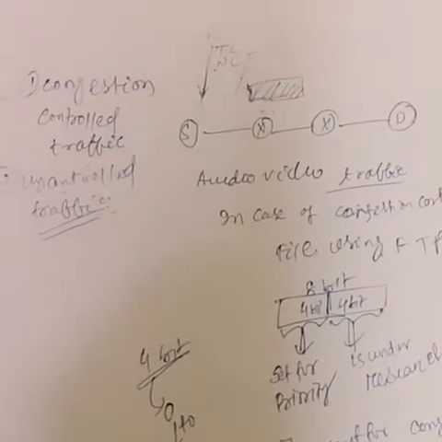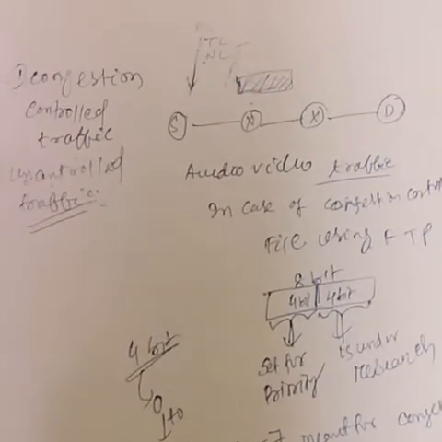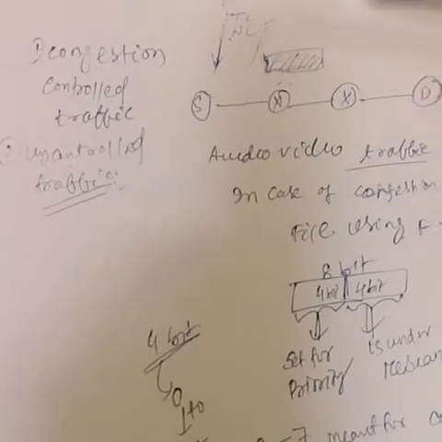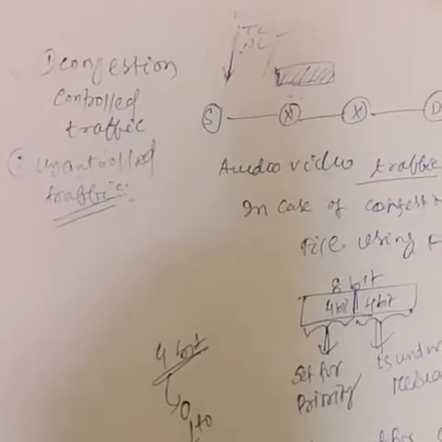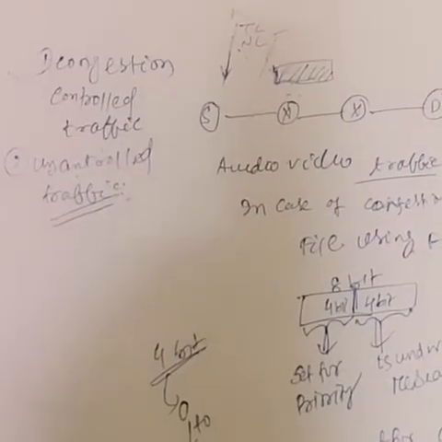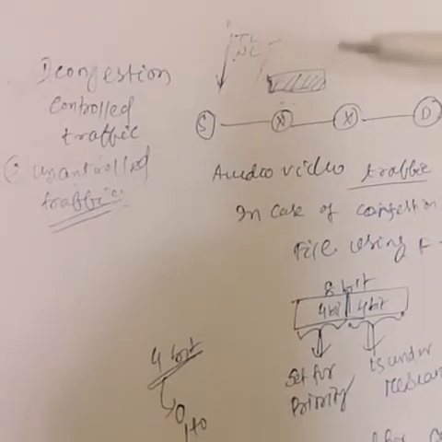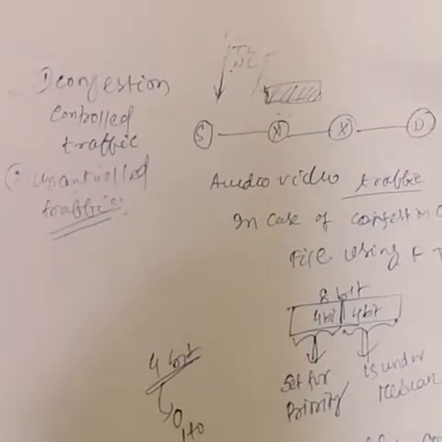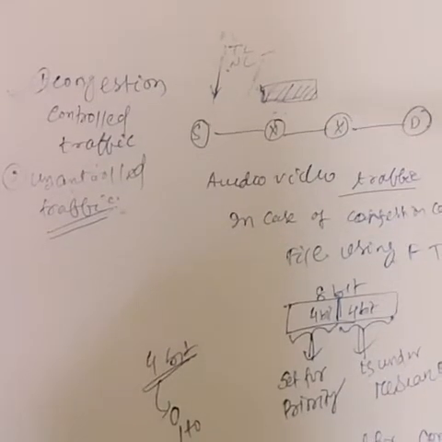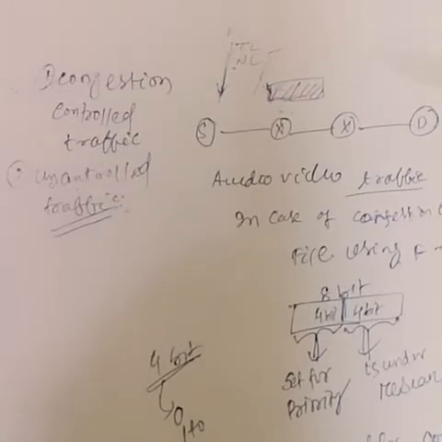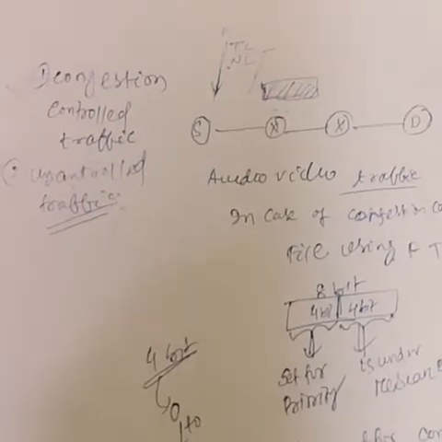These are called uncontrolled. So traffic can be classified into two types: one is congestion control traffic and another is uncontrolled traffic. In case of uncontrolled traffic, some protocols do not have the capacity to understand the congestion.